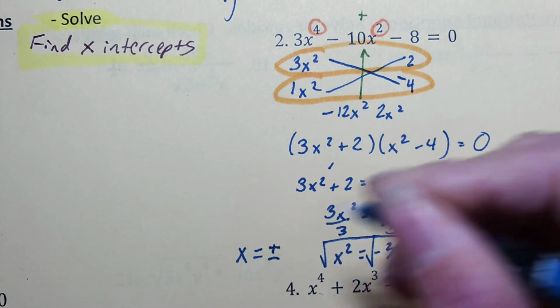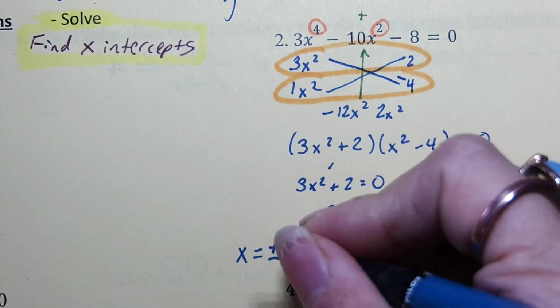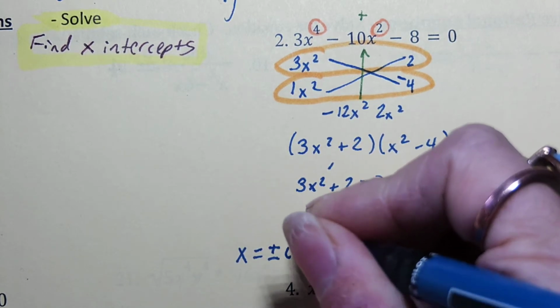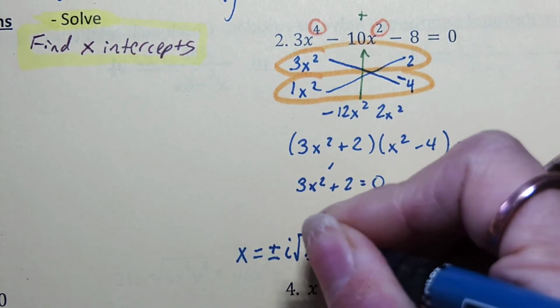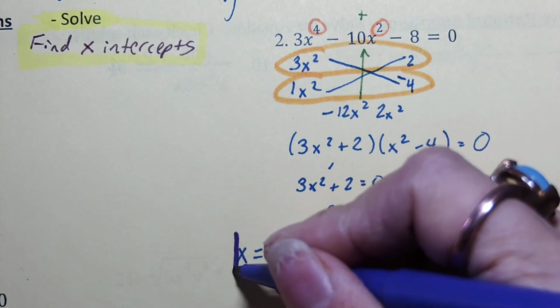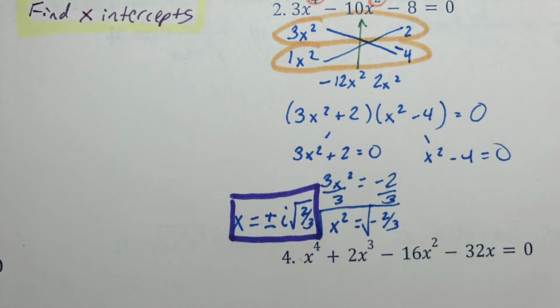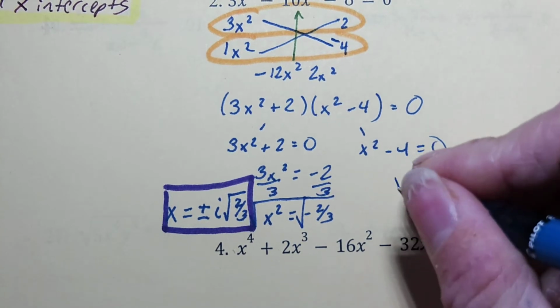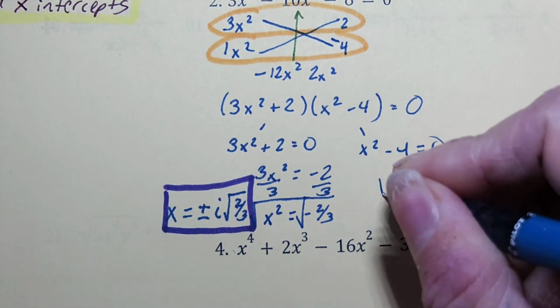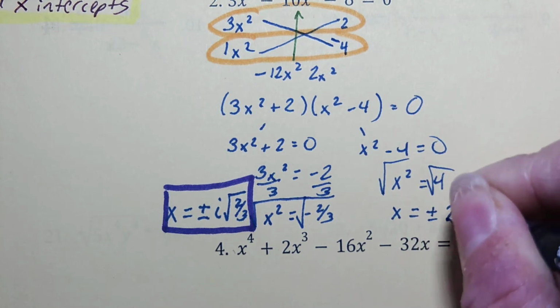So anytime you square root is an operation, we got to have the plus or minus. Then, since it's a negative under the square root, i. And folks, we're just going to go ahead and leave it like that as plus or minus i radical 2/3. Gross. Then, for the other side, we're going to move the 4, square root. And x equals plus or minus just 2.